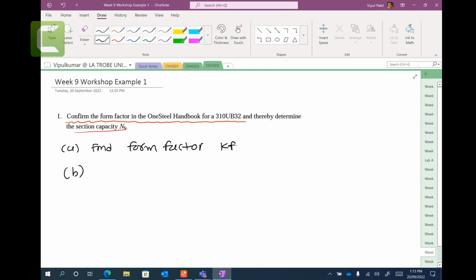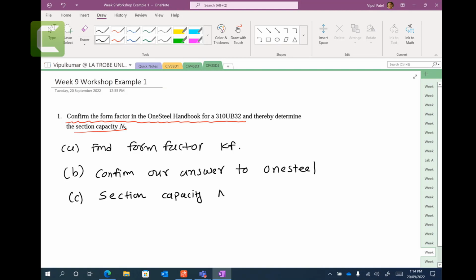Second, we need to confirm our answer with OneSteel, and we need to calculate the section capacity. Those are the three things that we need to do.